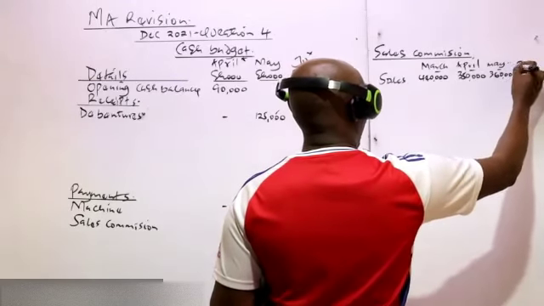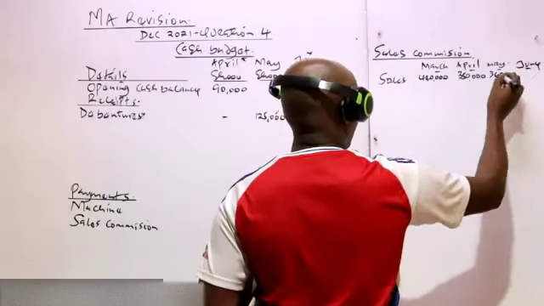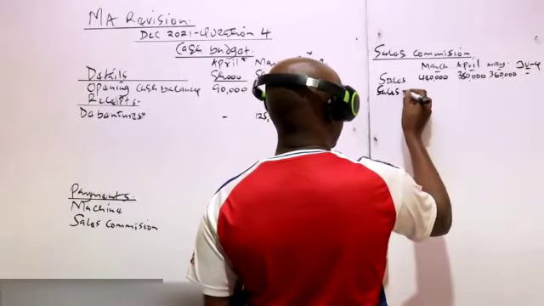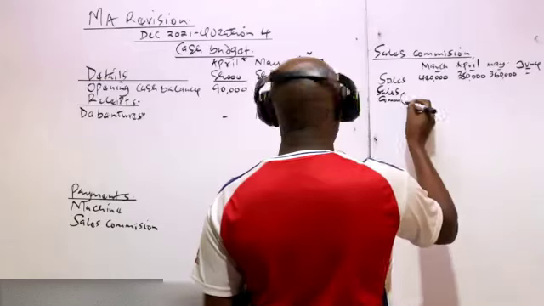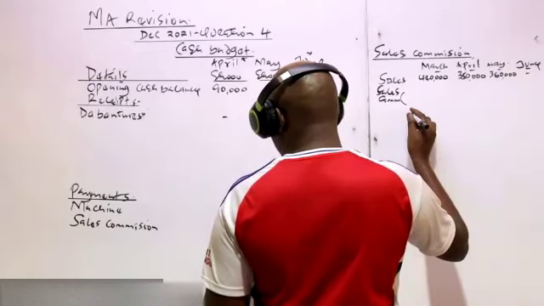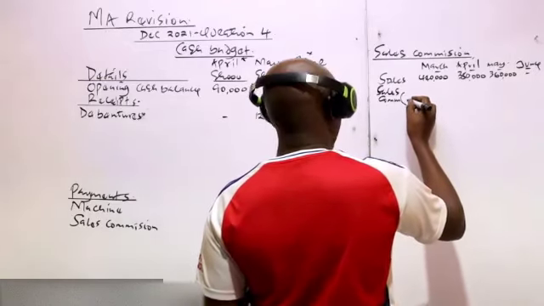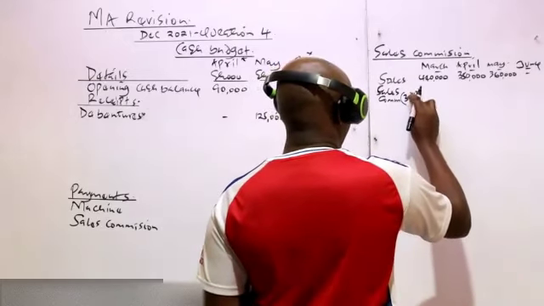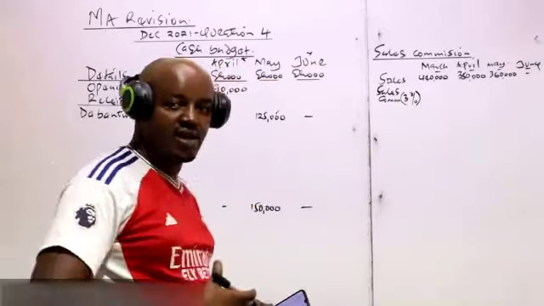So in this case, we don't need the sales for June, and then we compute now the sales commission. The sales commission, as per note number 5, we are told will be 3%, which will be paid after 1 month.